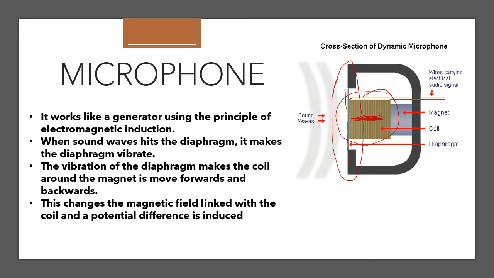The current depends on how much the coil vibrates, which depends on the sound we produce. If you talk very softly, the current produced will be proportionally small. If you scream at the top of your lungs, the current produced will be much higher.